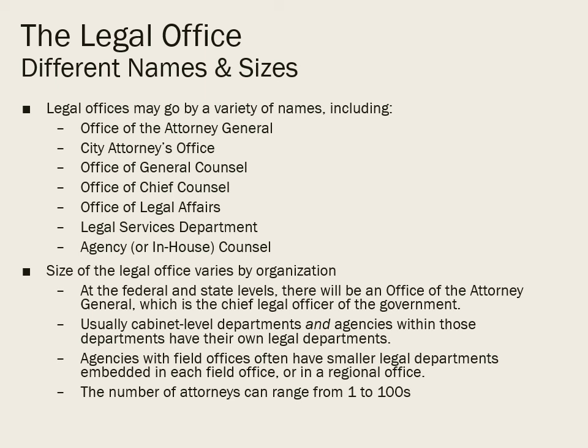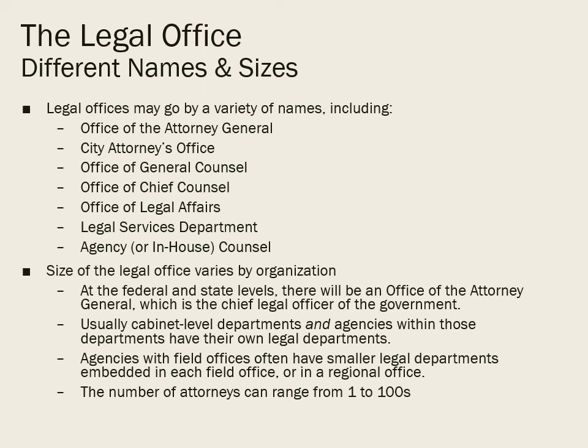Now, usually cabinet level departments and the agencies within those departments both have their own legal offices. And then agencies that have field offices, such as FEMA, might have smaller legal departments embedded in each field office or embedded in a regional office.